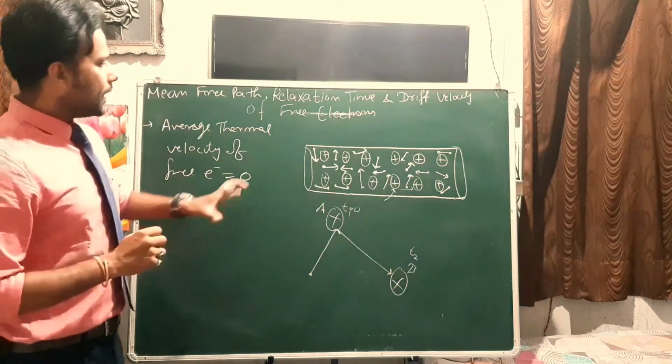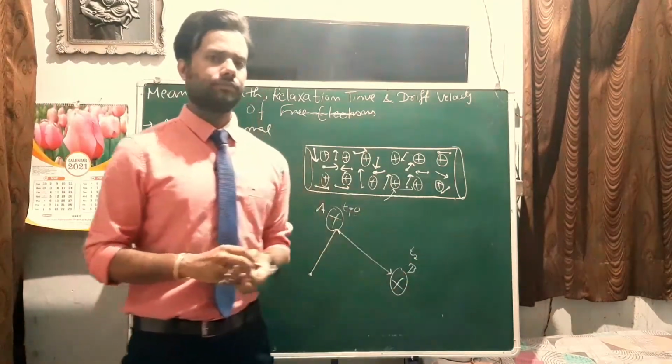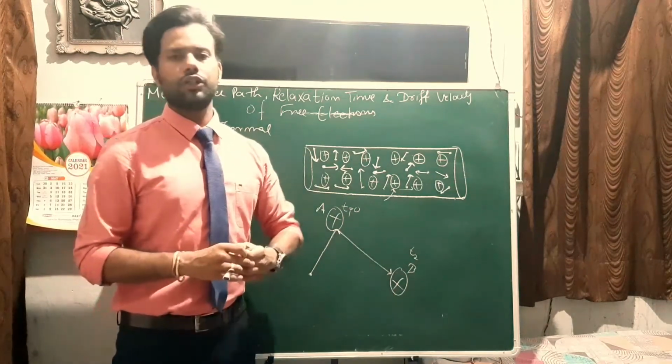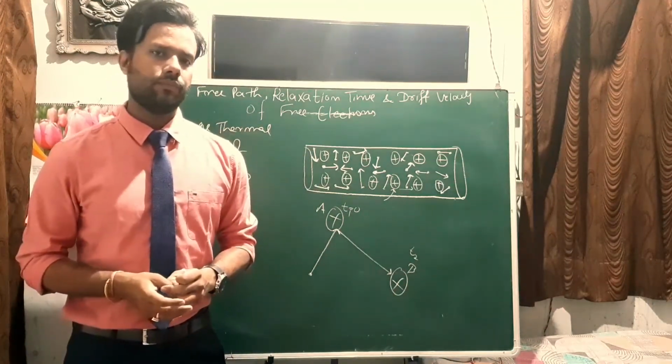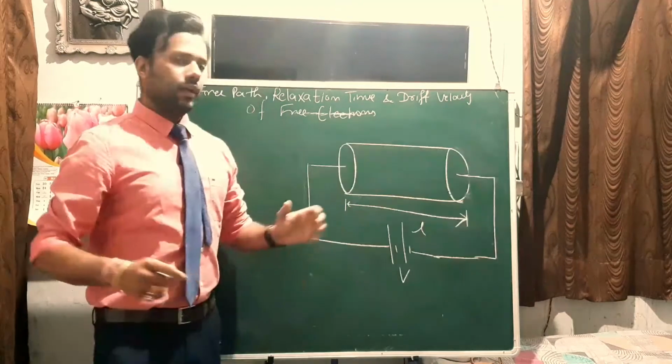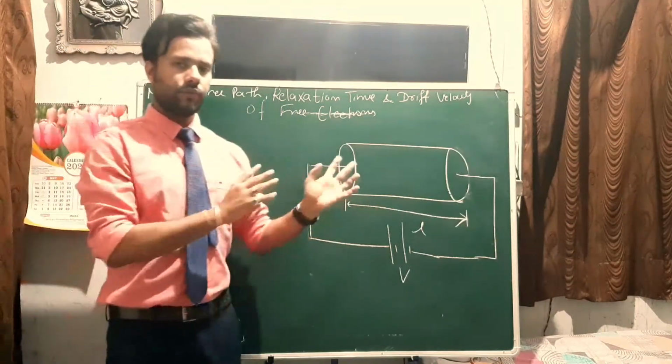Now, if this conductor is connected across a voltage source, what will happen? Let's see. This is the same conductor we have taken earlier.